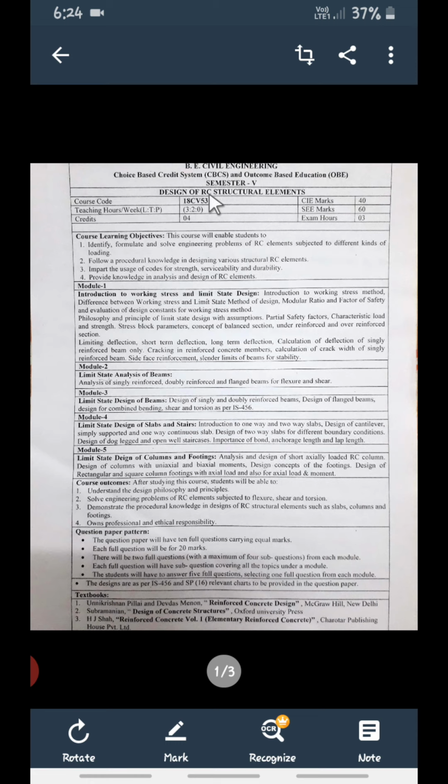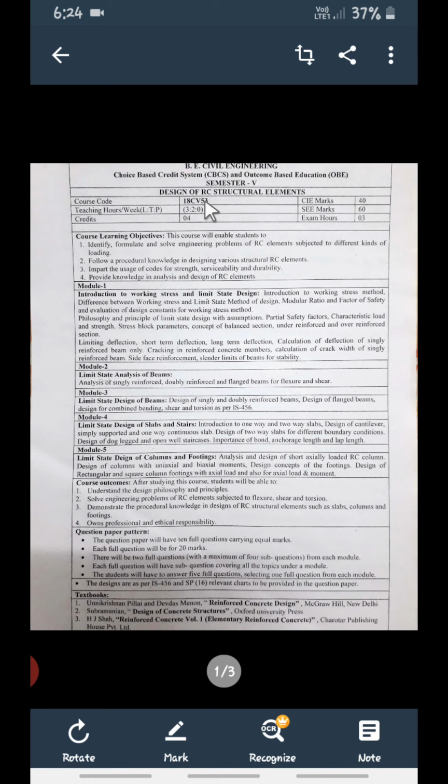So what do you mean by RC structural, or what do you mean by RCC? We are familiar with concrete, one of the important materials. Nowadays, if you see all the structures, they are built with the material RCC.